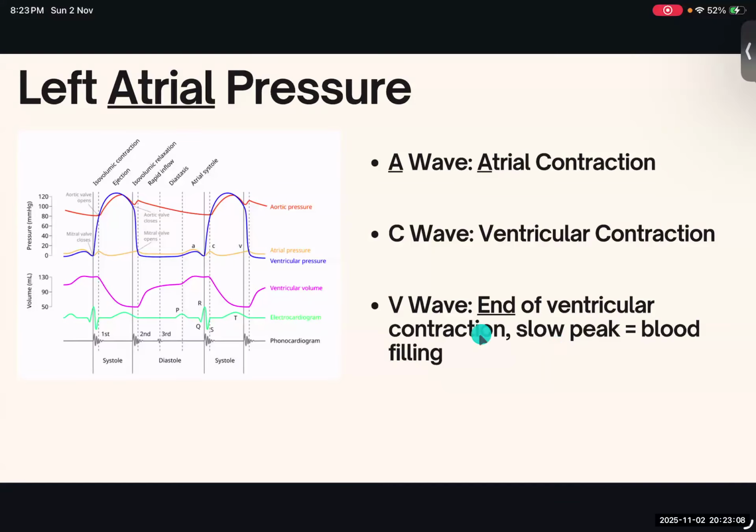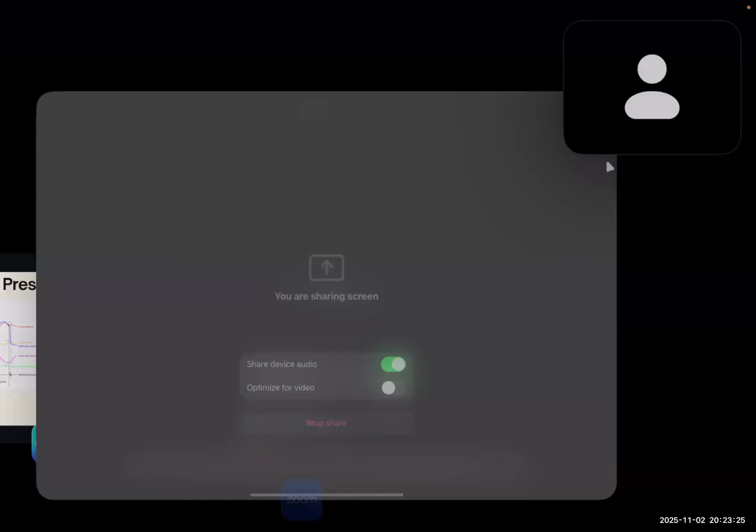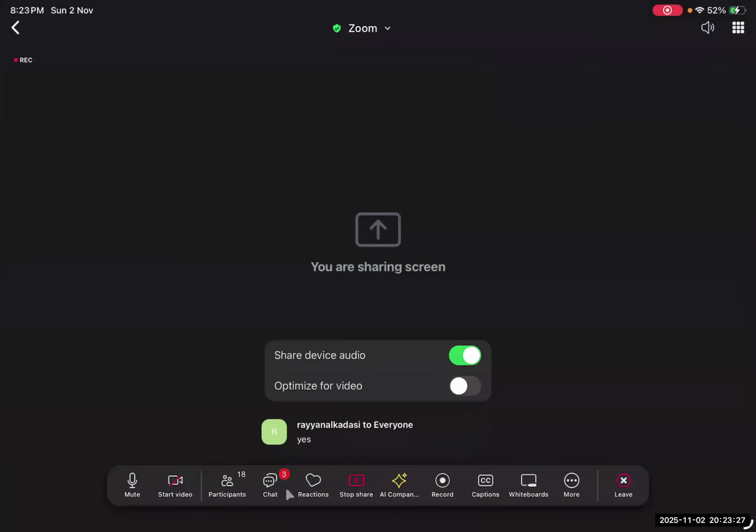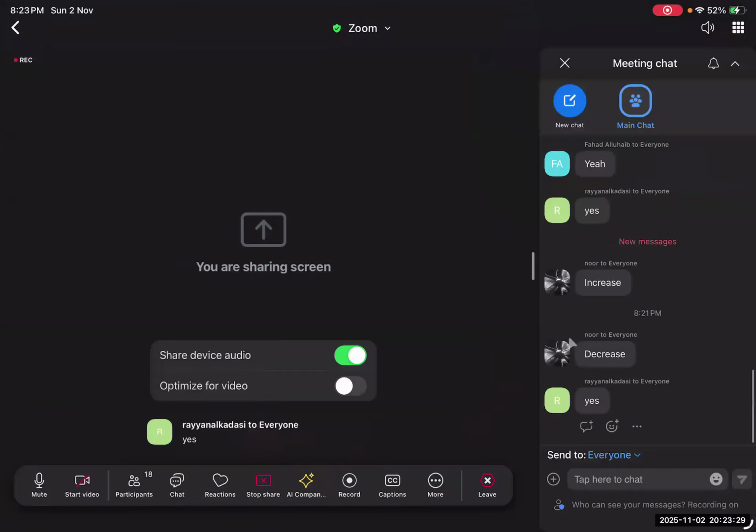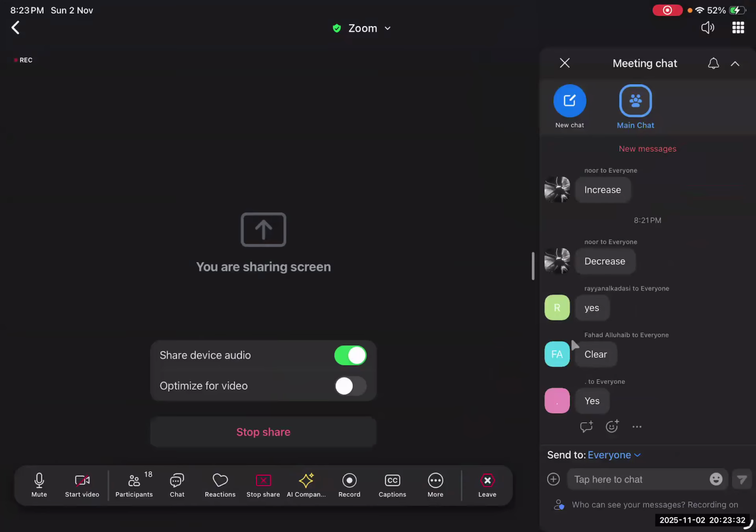End of ventricular contraction is code for diastole. In diastole, we slowly increase the amount of blood inside the atrium, which slowly increases the left atrial pressure. Is this clear to everybody? I walked into my CVP final not understanding this concept, although it's ridiculously simple.